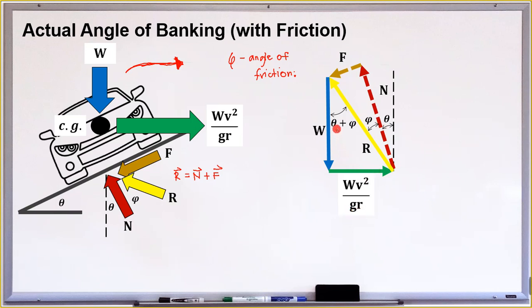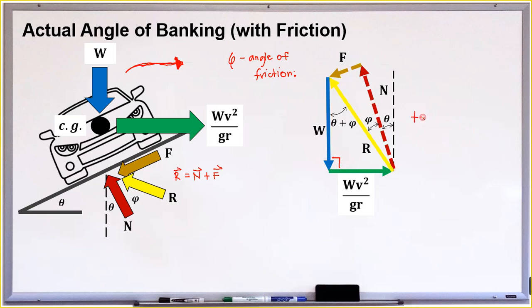From the triangular force polygon, let's consider this triangle formed by W, the centrifugal force and the resultant. It forms a right triangle, so we can use the basic trigonometric identities.